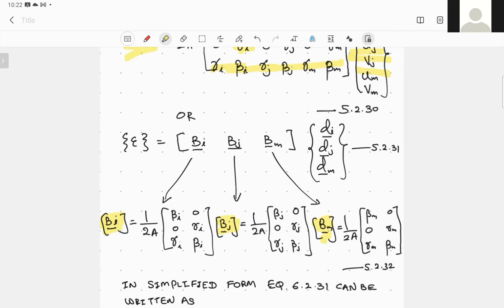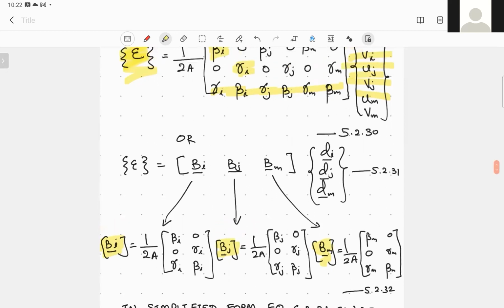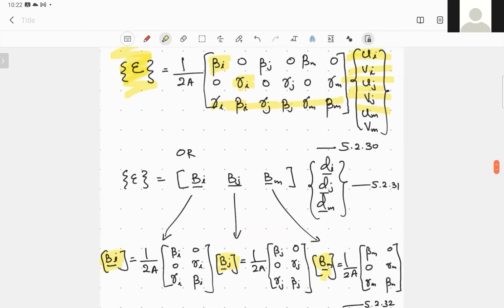So the B matrix is nothing but a matrix which includes information based on the nodal coordinates, because beta and gamma are already constants which are functions of the nodal coordinate systems.